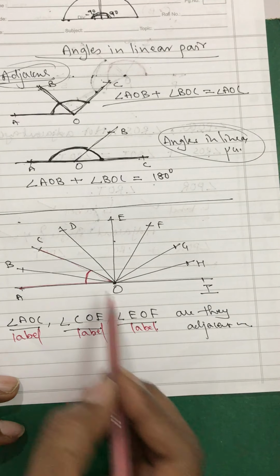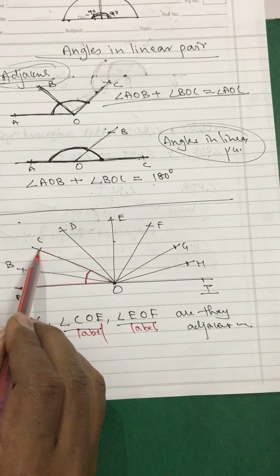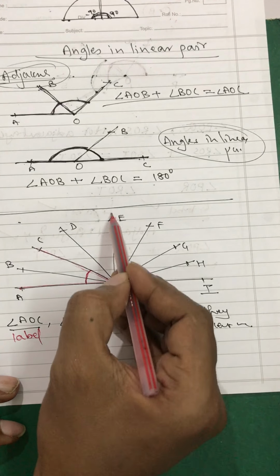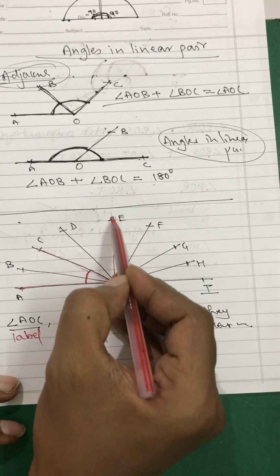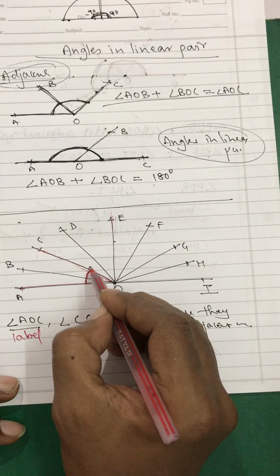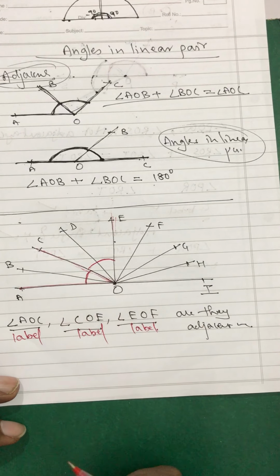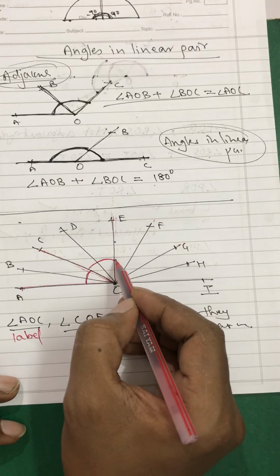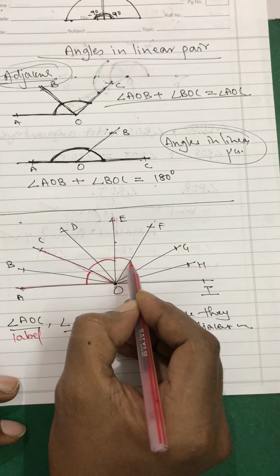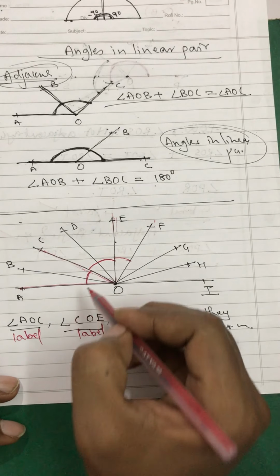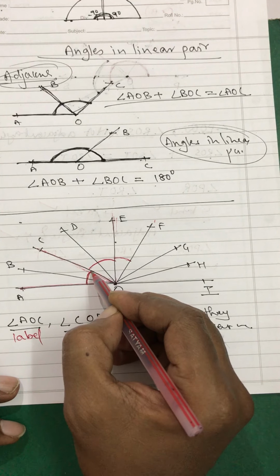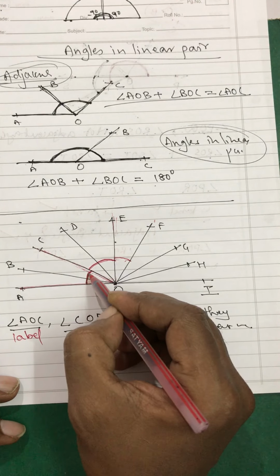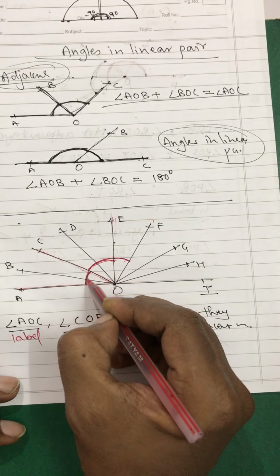Angle COE: CO is this arm, and OE is this. So I label it like this. Fine. Angle EOF is this. Can you see, is there any continuity from here to here? Yes, there is no breaking in between.